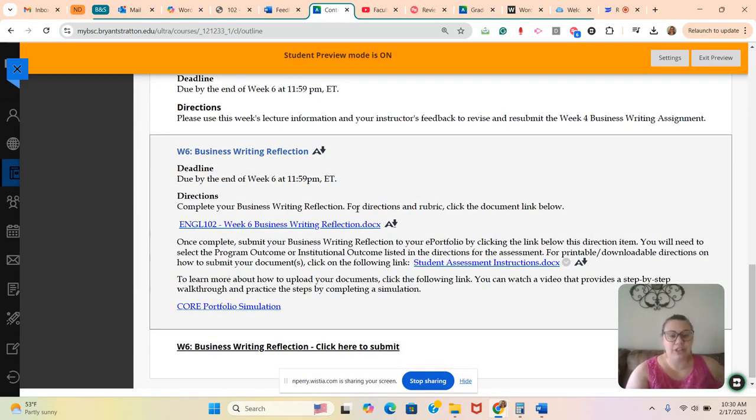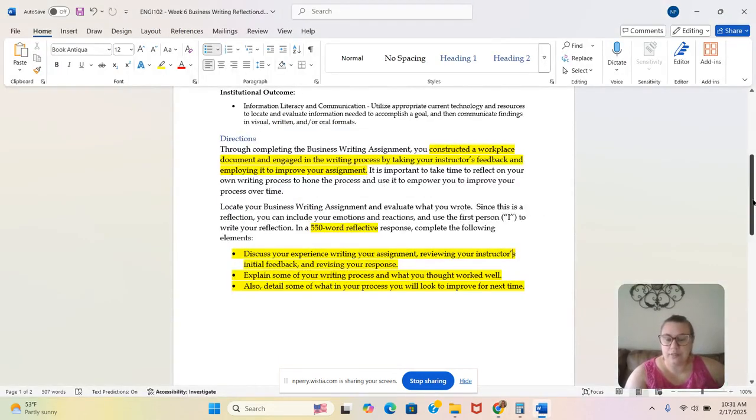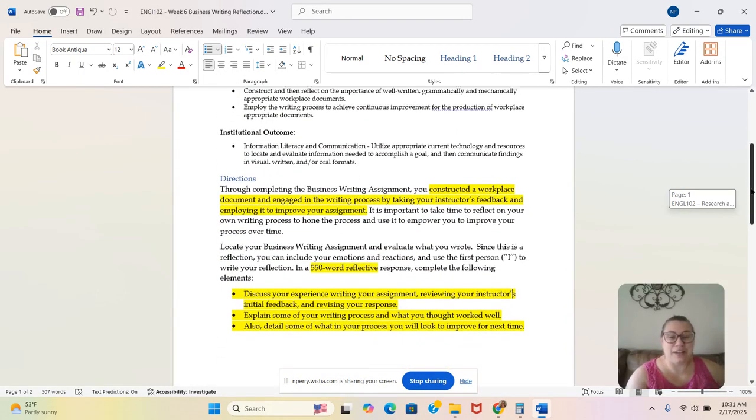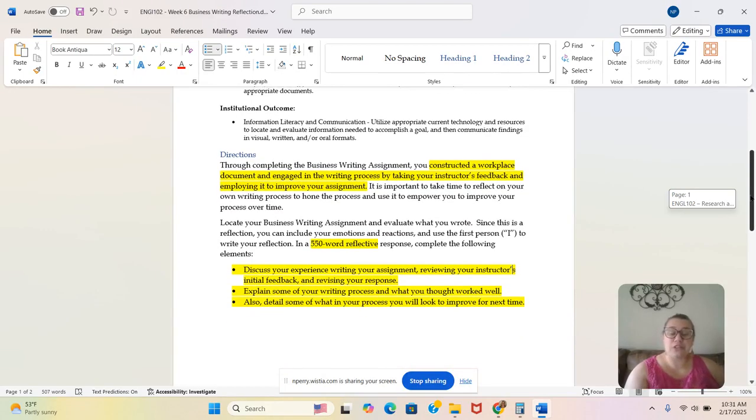After you have done that, then you have the reflection. So the reflection instructions, if you click here, the key things that I want to go over are highlighted the way that I like to do to kind of point those out. First of all, this assignment should not be completed until you have done your revision and you have submitted it.